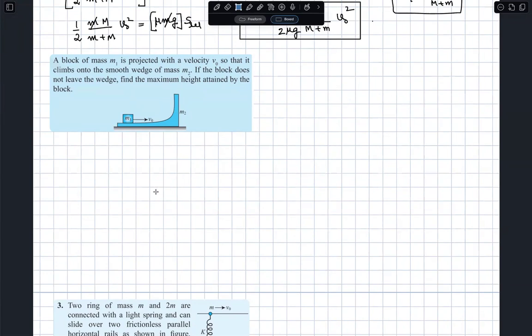Now, what is happening over here? Initially, this is the condition.